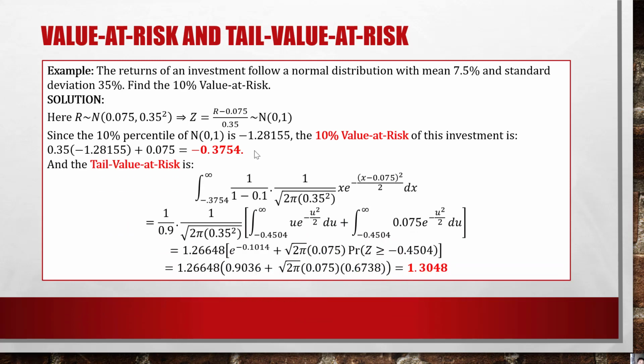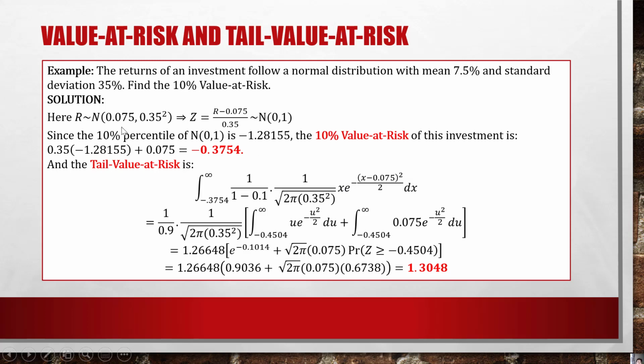And the tail value at risk is, we calculate the average of the tail from negative 0.3754 to infinity of 1/(1-p), so it's 1/0.9 times x times the distribution.